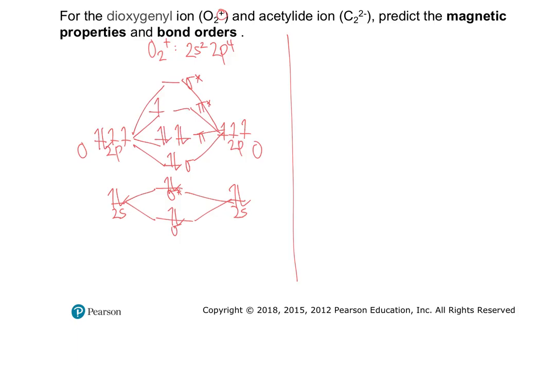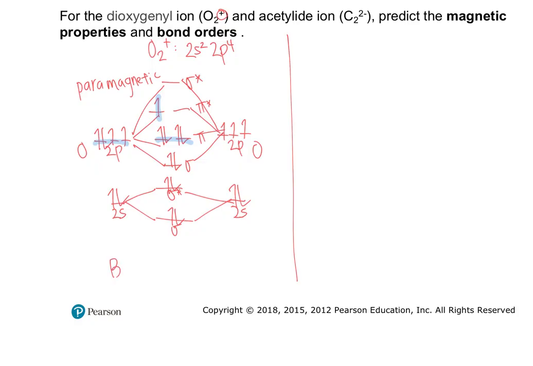Notice I filled up those degenerate orbitals like we would the p orbitals: up, up, down, down. So there is one unpaired electron, so we would call this paramagnetic because there does exist one.